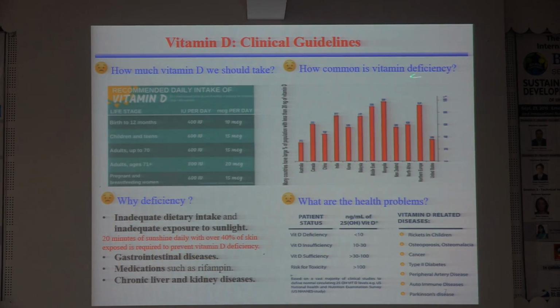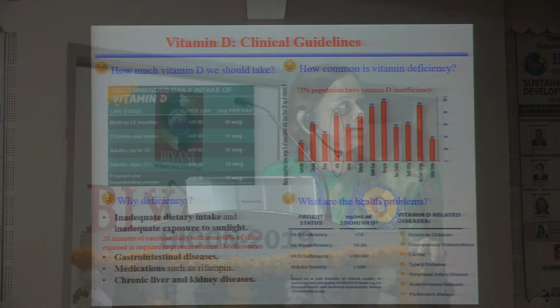Second, how common is this vitamin deficiency all over the world? If you see the graph, you will find that vitamin D deficiency is prevalent all over the world. And if you look at India, around 75% of the population suffers from vitamin D insufficiency, even though we have a longer time of sunlight.